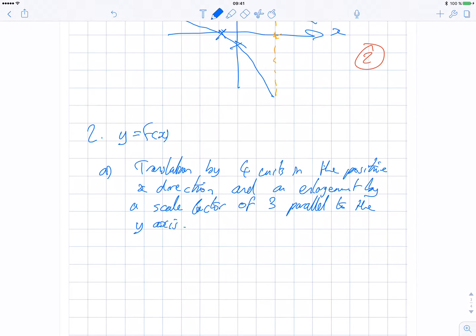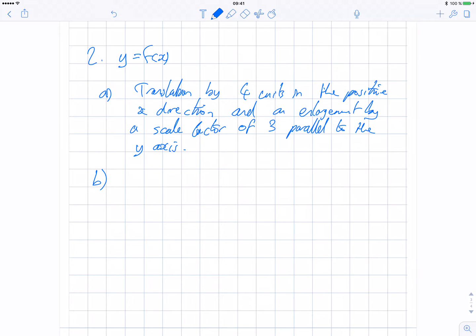Next one, part B. I'm going to use vectors now. Translation by -1, minus 2, and C, translation by 3.